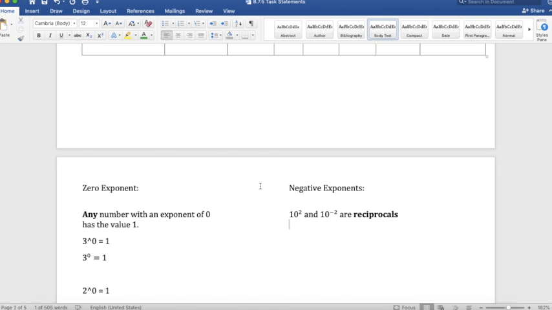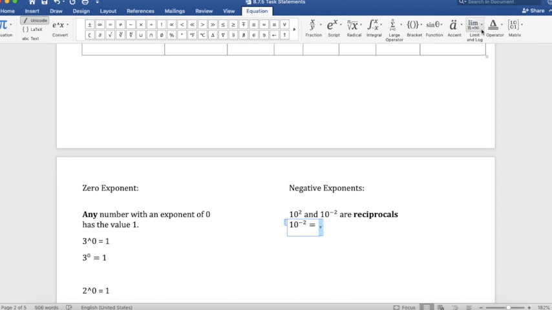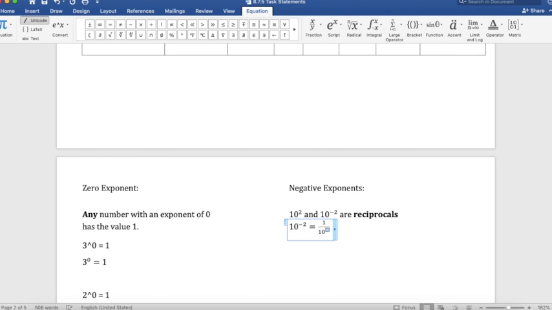Which basically means that 10 to the negative second power is 1 over 10 squared. Let's think about that.